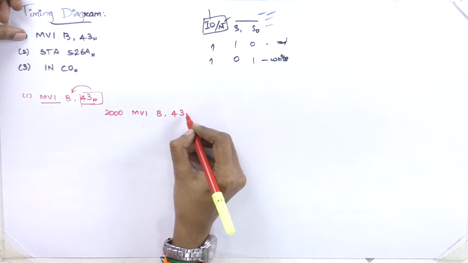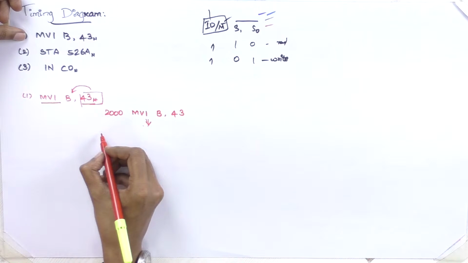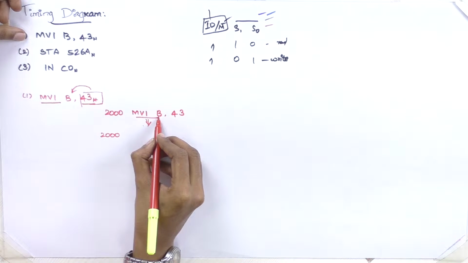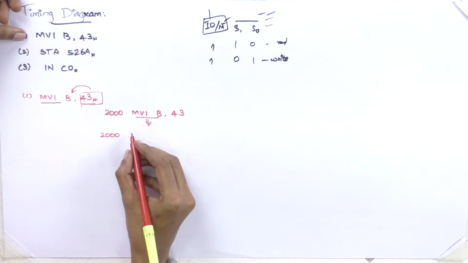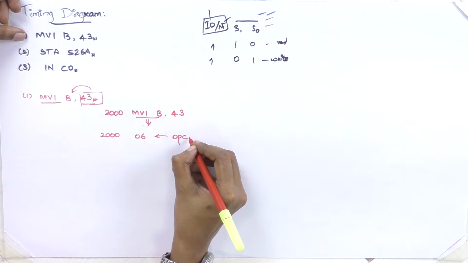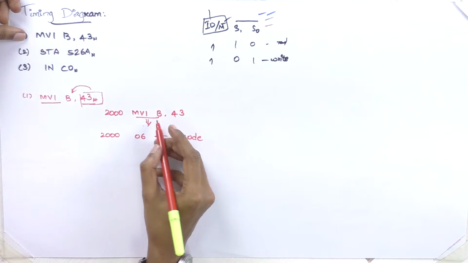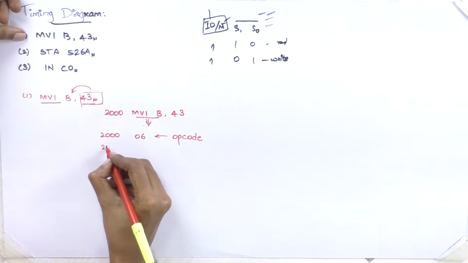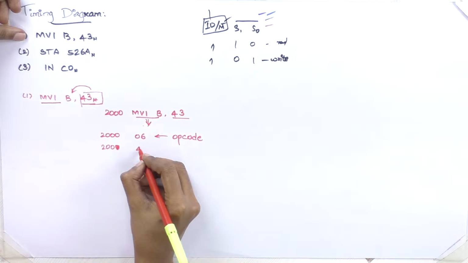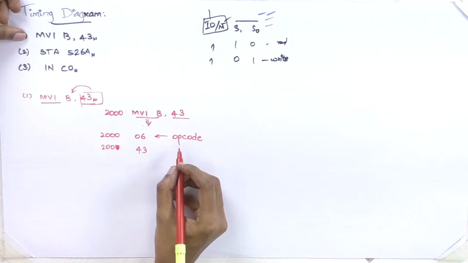How will this instruction be stored in the memory? At 2000, the opcode of this instruction will be stored. The opcode for this one is 06, which is the opcode of MVI B. Okay. So at 2001, what will be stored? The immediate value 43.